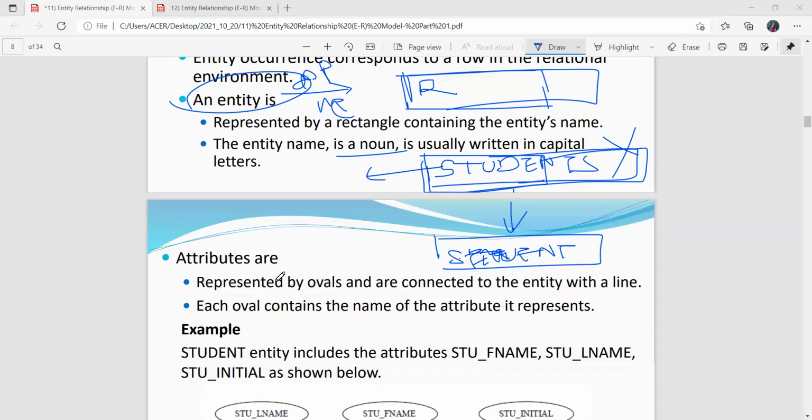Okay, so this is about entity. Then let's move into the attributes. Attributes describe the characteristics of an entity. As an example, let's take student. What are the attributes of the student?